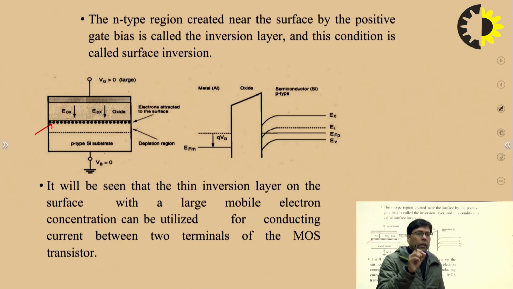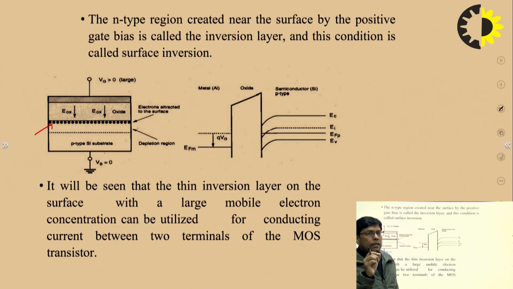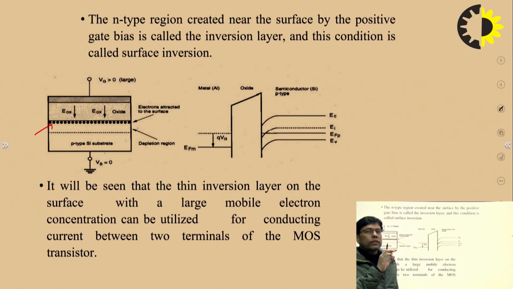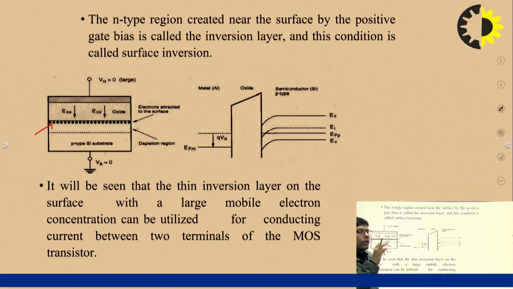This layer is creating a channel between source and drain, through which the conduction will happen from source to drain.